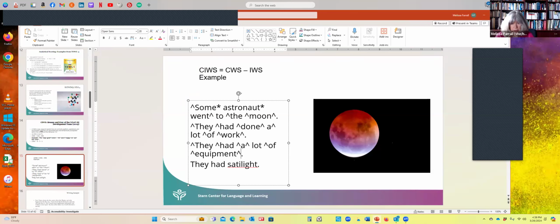Seems to be really important to them. And we're going to start our next sentence out with a caret. "They had," that kind of works. "They had satellite." Not so much. We're going to give that an asterisk. But it's punctuated correctly at the end, so it gets a caret at the end, which is kind of counter to what I want to do.